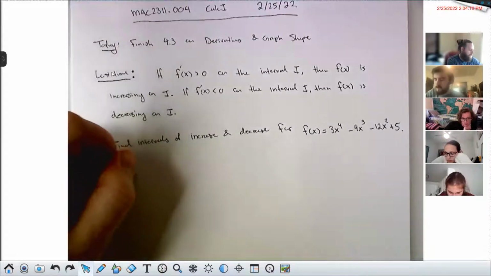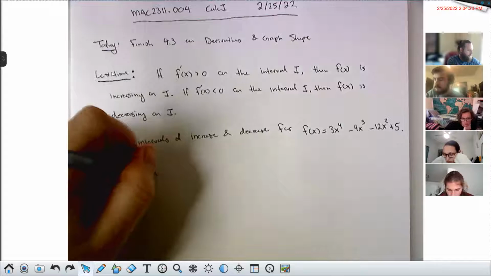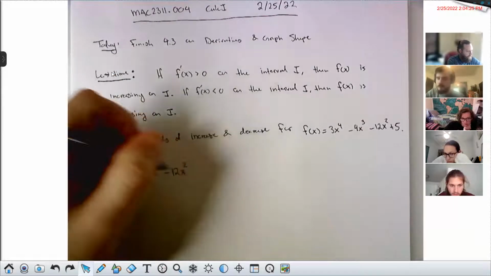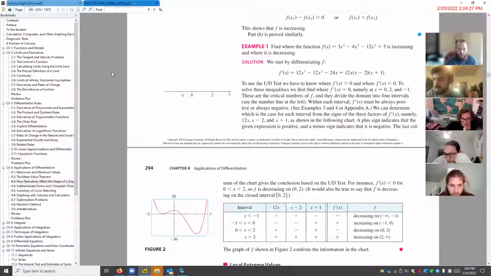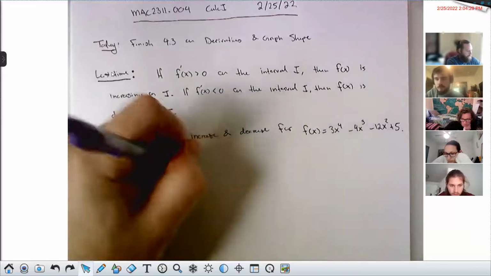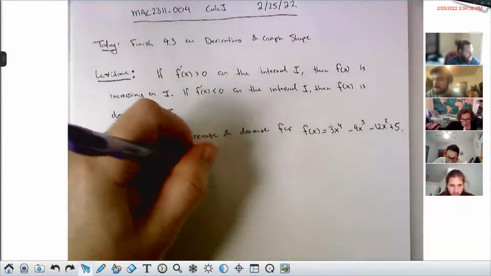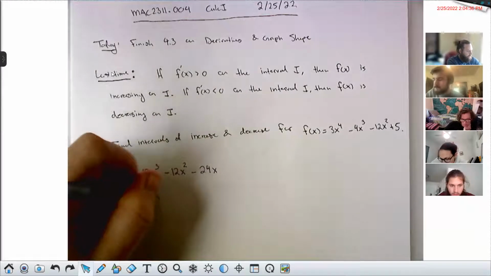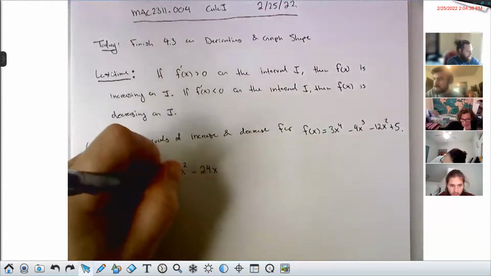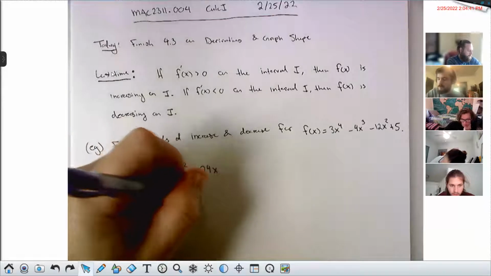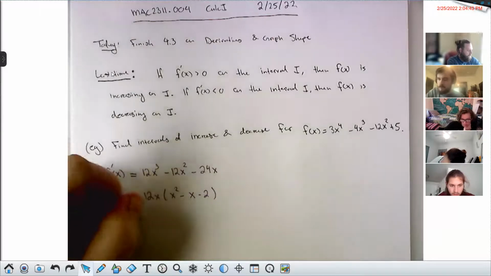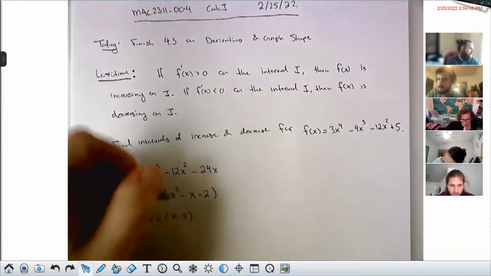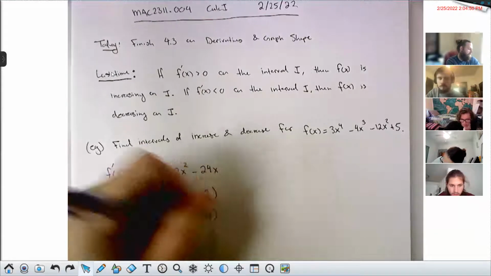When we differentiate this polynomial, we got 12x cubed minus 12x squared minus 24x, which we then factored as 12x times x squared minus x minus 2, which we factored further as 12x times x minus 2 times x plus 1.